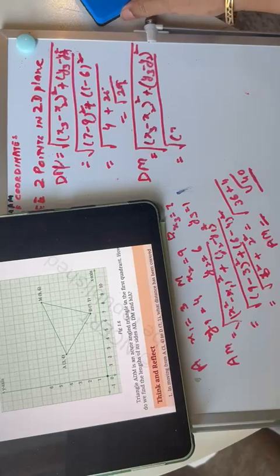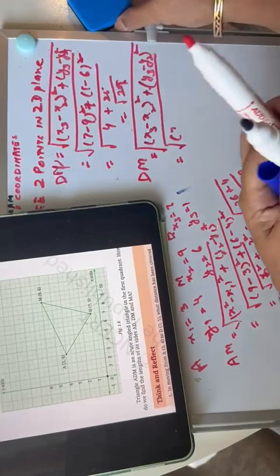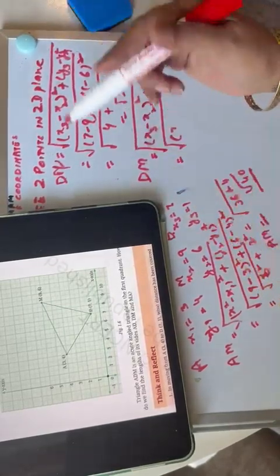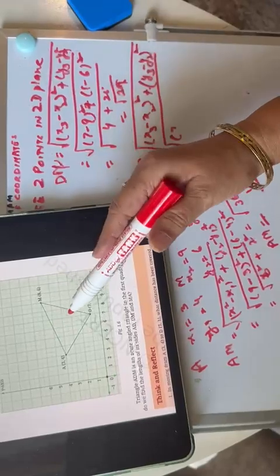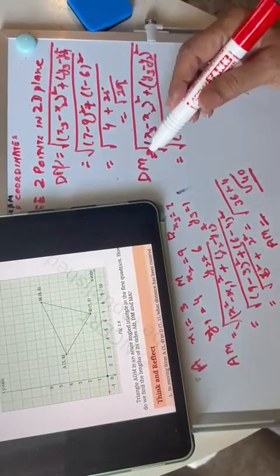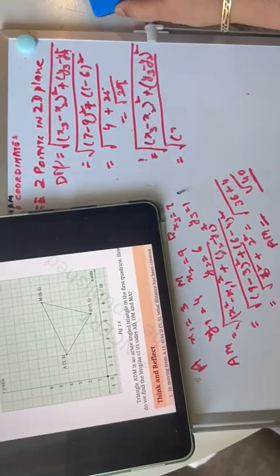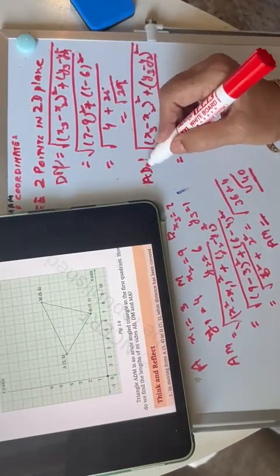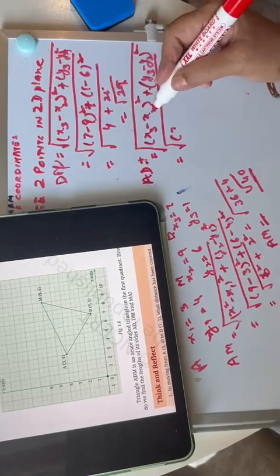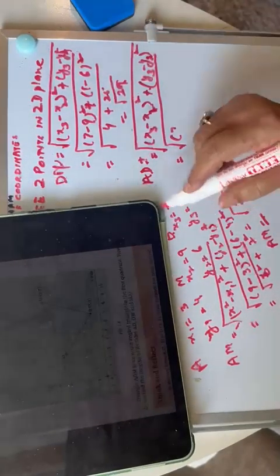So DM, this is 7 minus 9. X3, this is x1, y1 I have taken, x2, y2. So now we have to find AD. AD is x3 minus x1 square plus y3 minus y1 square.